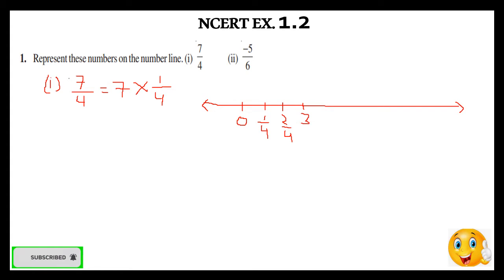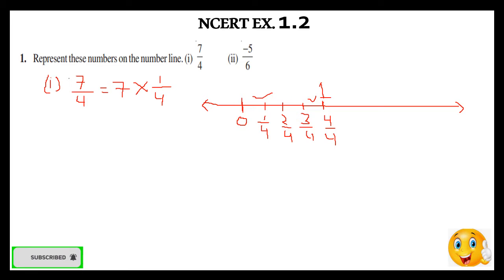That is 1. 4 out of 4. So this is what 4 by 4, and it is 1. So this is, we can say, the 1 unit, that is from 0 to 1, has been divided in 4 equal parts. And we can see here this is the part 1, part 2, part 3 and part 4.